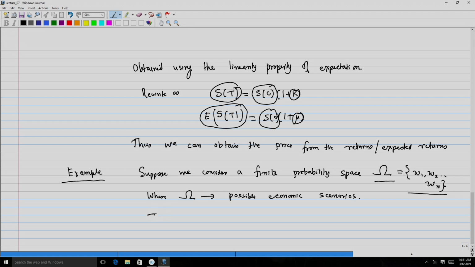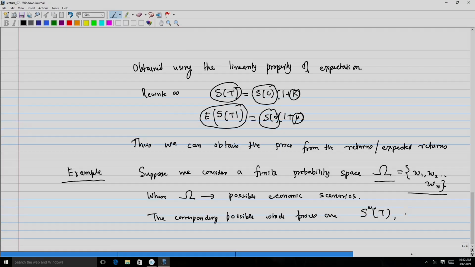So, therefore, let us say that the corresponding possible stock prices are, when I am in state omega 1, S superscript omega 1 of t, which is going to be the price of the stock at time capital T if the state of the economy is omega 1.